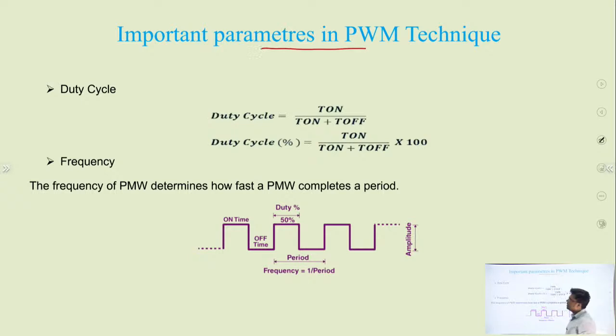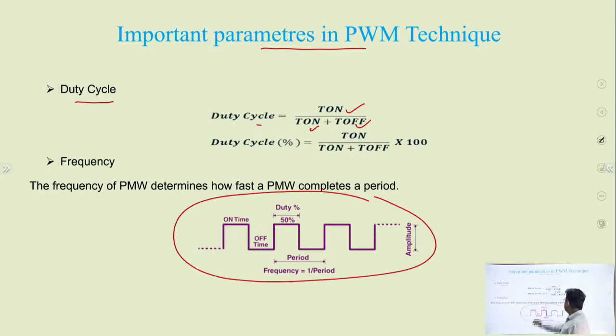What are the important parameters used in a PWM technique? The first is known as duty cycle. What is duty cycle? Duty cycle is nothing but T on divided by T on plus T off. You can see in this diagram, for this pulse, this is the on time, this is the off time.